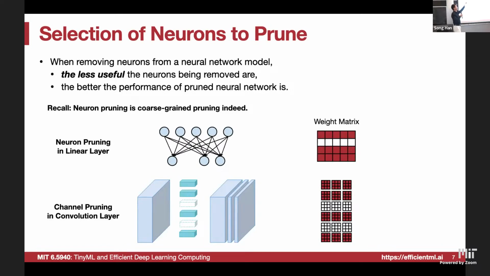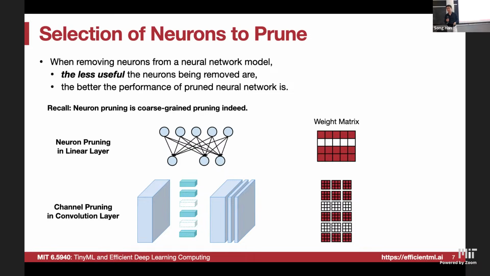We also talked about the criteria to select which neuron to prune and the relationship between weight pruning and neuron pruning. So remember, what's the relationship between pruning the neuron versus pruning the weight? Pruning the weight is pruning synapses, so removing connections between neurons, whereas pruning neurons means removing the node itself.